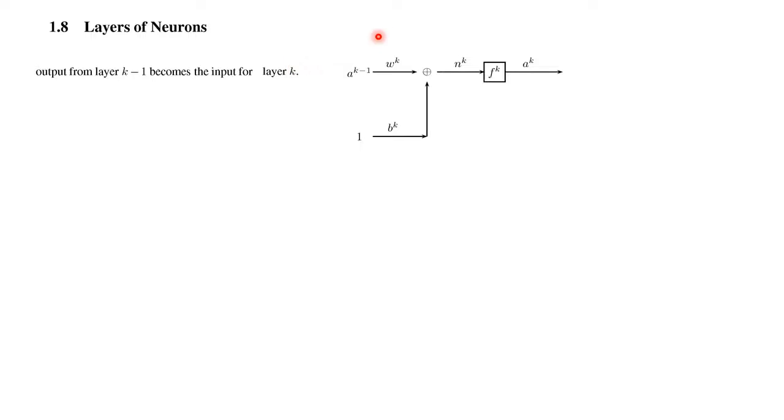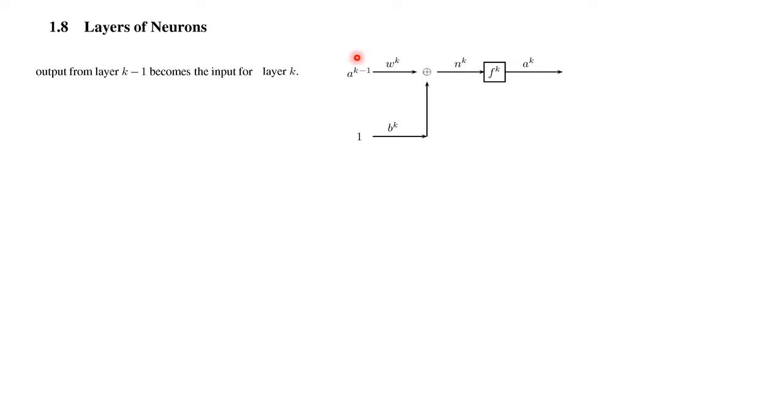Let's focus our attention on what's happening in the typical kth layer of a neural network. The input into the kth layer is the activation out of the previous layer, k-1, and we're using superscripts here. A superscript k-1 is the vector which is coming out of layer k-1. W^k, again using a superscript to denote this, is the weight matrix in layer k.